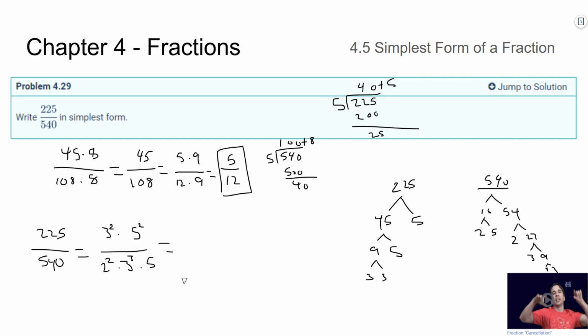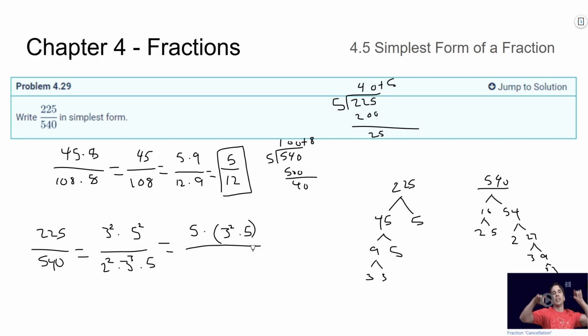Okay, so what can we cancel out here? Well, we have 2 3s and 2 5s on top, and this has only 1 5, but has enough 3s. So let's see if we can break this down. I'm going to change this a little bit to say 5 times 3 squared times 5. Does that make sense? We're just pulling out a 5 to be a 3 squared times 5.